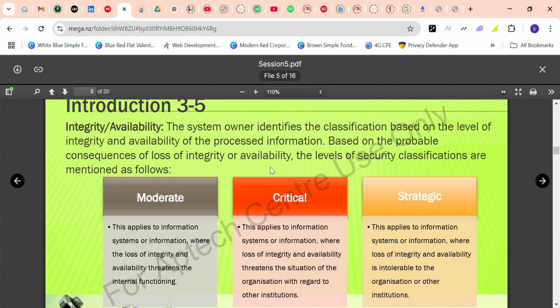Based on the probable consequence of loss of integrity or availability, the levels of security classification are as follows. How classified this information or asset is will determine the security that is going to be put on it. As I mentioned in this class, the category of your bank account will determine the kind of security measures they put on your account.